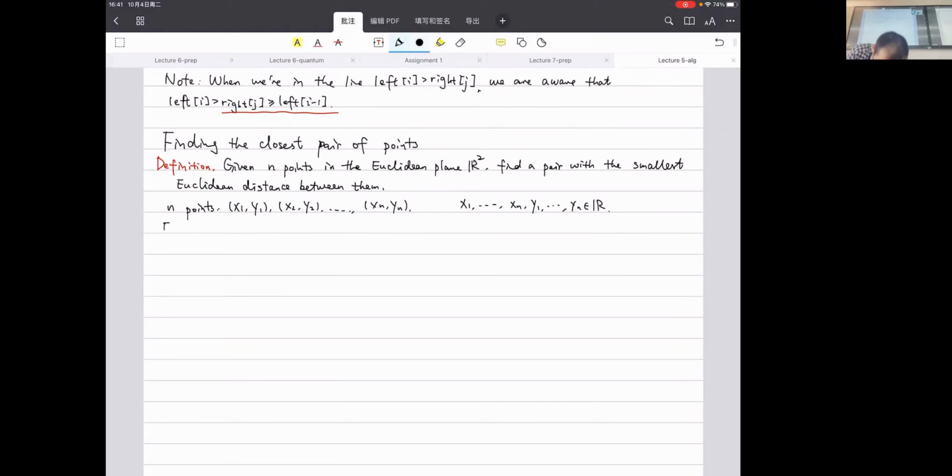And the Euclidean distance between, for instance, xi, yi and xj, yj is the distance in L2 norm, which is the square root of xi minus xj squared plus yi minus yj squared. So is this definition clear to you?